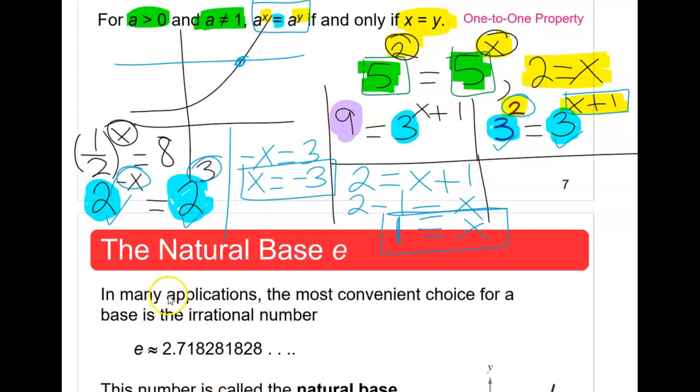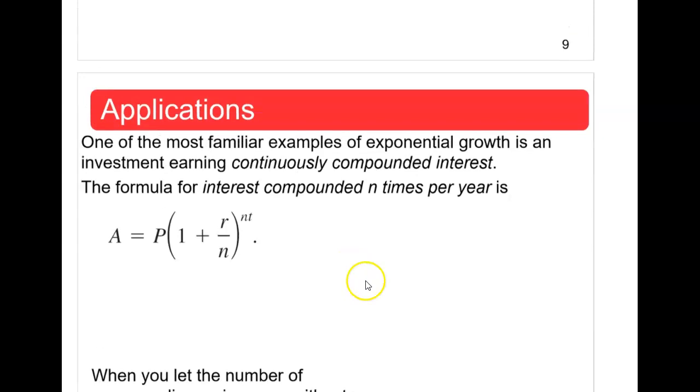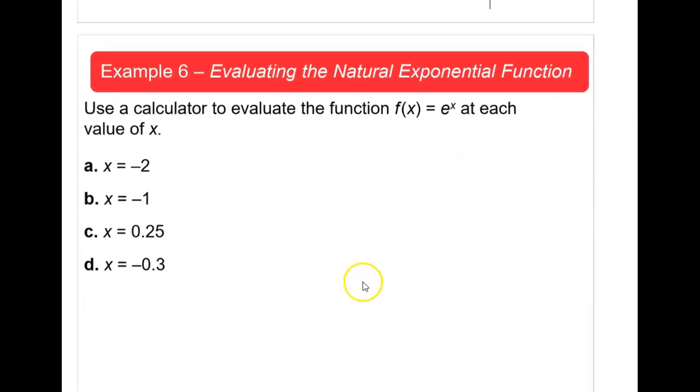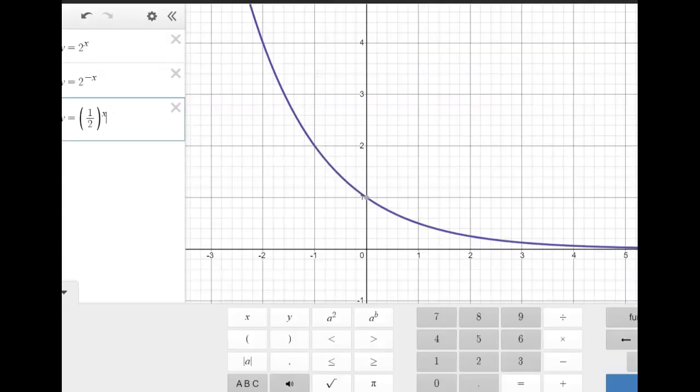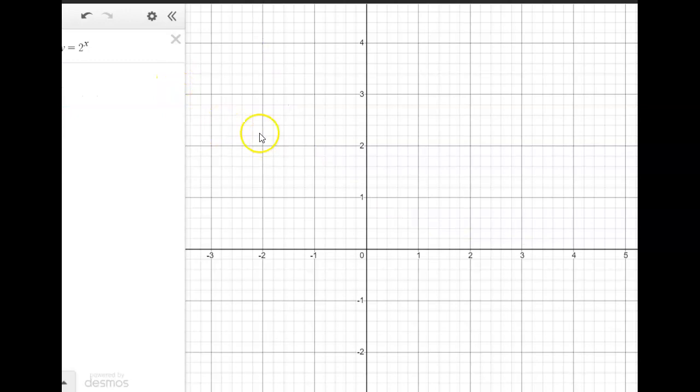Okay, so this PowerPoint is actually skipping transformations with exponential functions, so I'm going to show you some quick examples. Let's use the parent function that we have from the beginning, 2 to the power x.